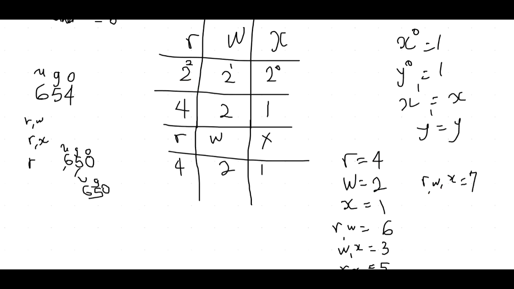Okay, so if I say give read and write permission, that means you sum 4 and 2, which is 6. If I say give write and read permission, it's still the same thing. You still sum 2 and 4, that's 6. If I say give read and execute permission, you sum 4 and 1, it's 5.